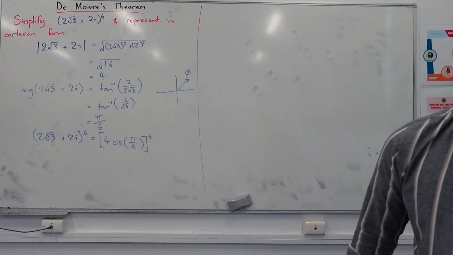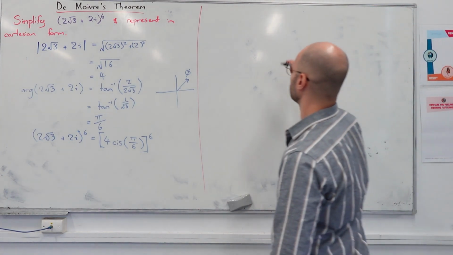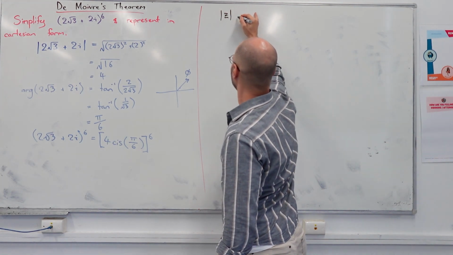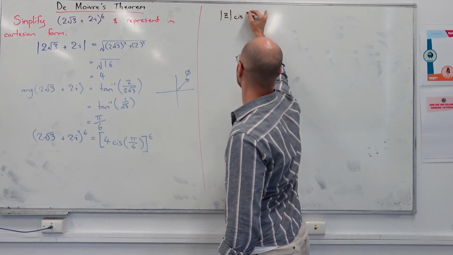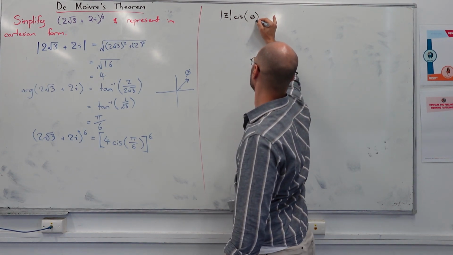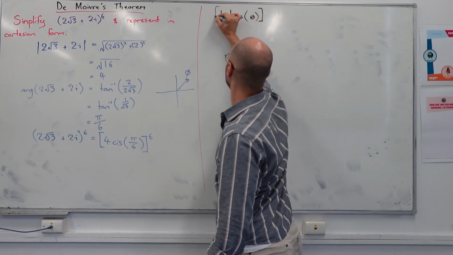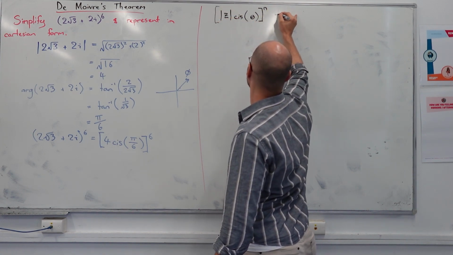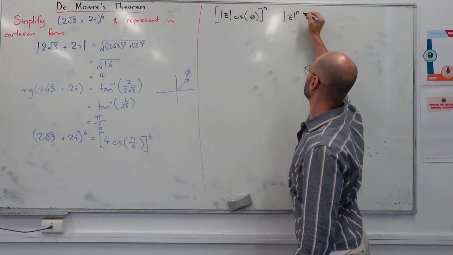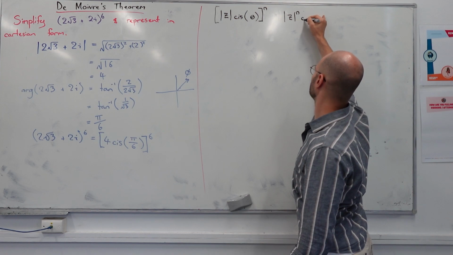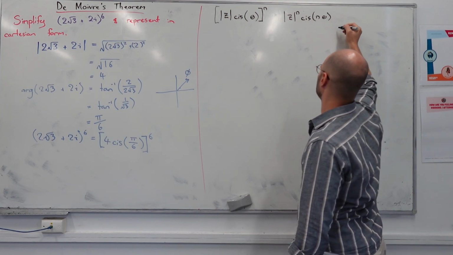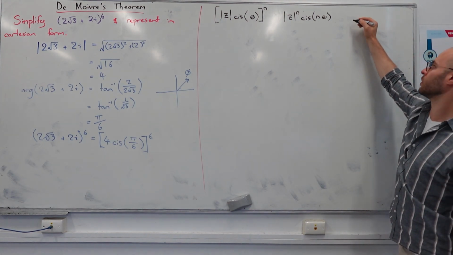The theorem itself is z cis theta, all to the power of n is the same as saying modulus of z to the power of n times cis n theta. Is that cool? Yep.